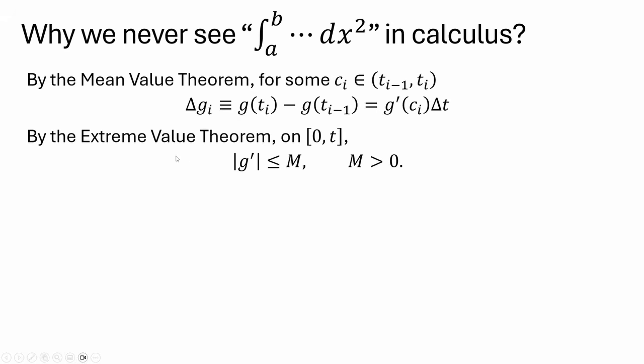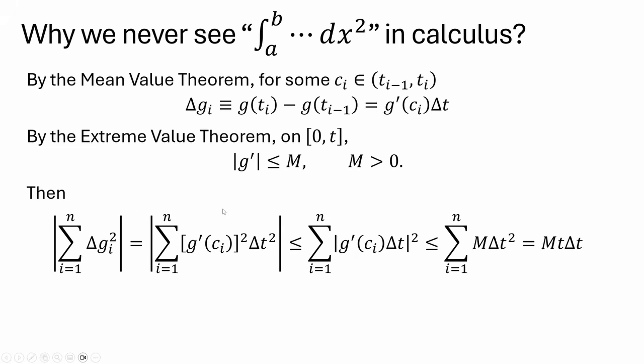In fact, EVT is stronger than that. It states that the continuous function also attains max and min. But that does not concern us here. All we need here is a bound. So we assume g to be a smooth function, so g' is continuous. So |g'| is bounded above by M for some positive constant M over the entire interval.